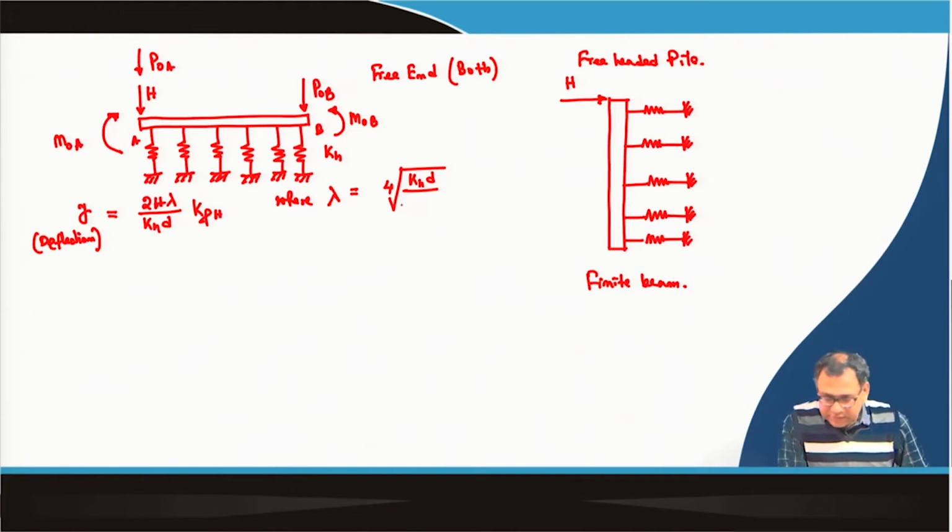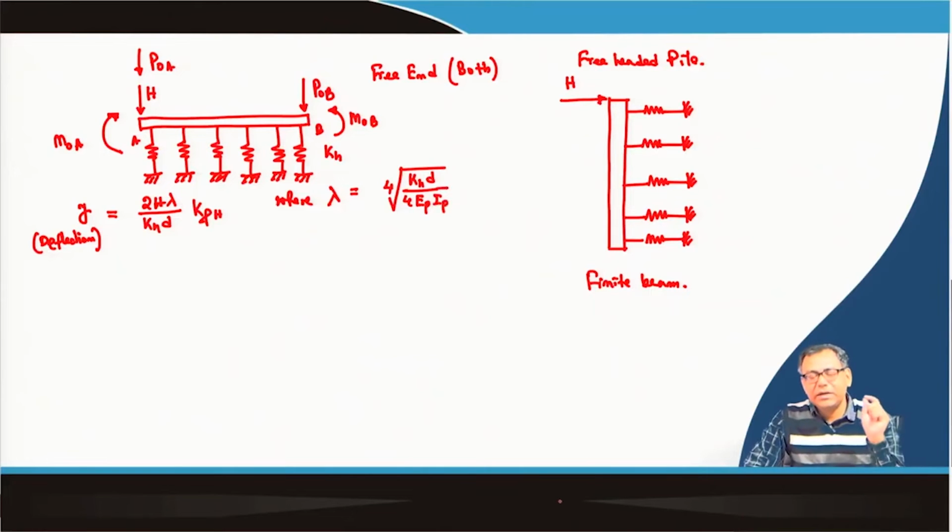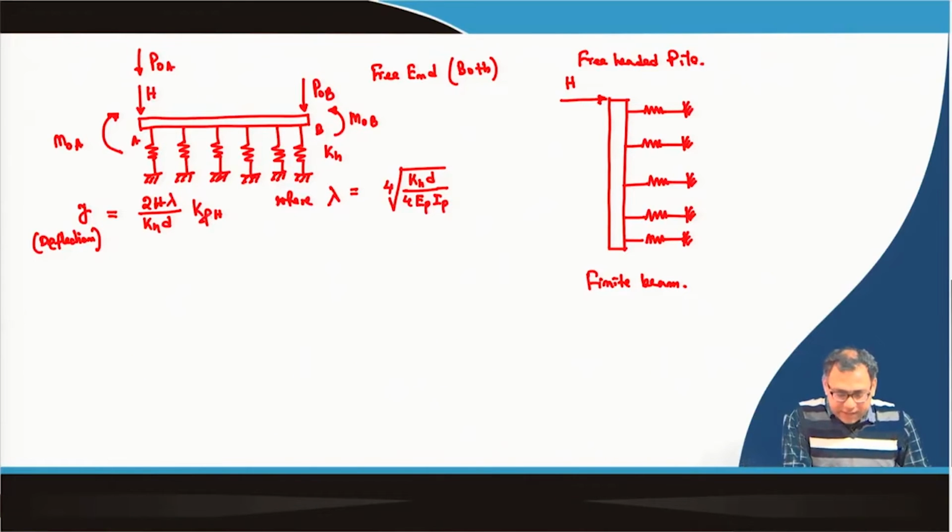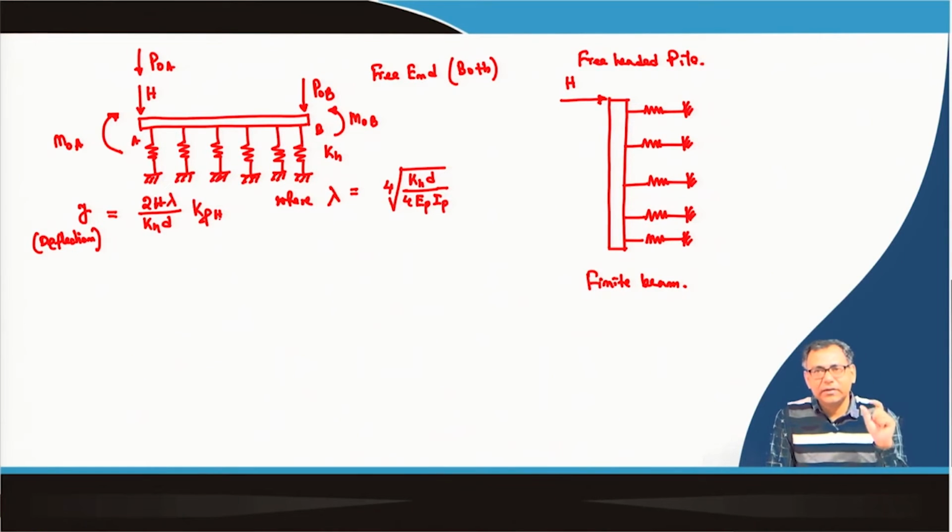So the fourth root of k h d over 4 E p I p, where E p is the elastic modulus of the pile, I p is the moment of inertia of the pile section, and k rho h is a value which I will give in tabular form, showing how it changes for different depths of the pile.